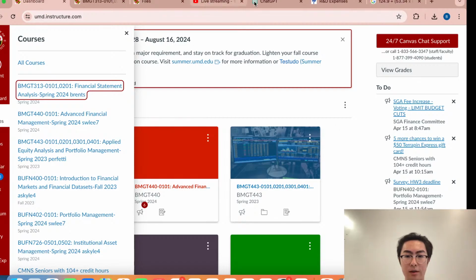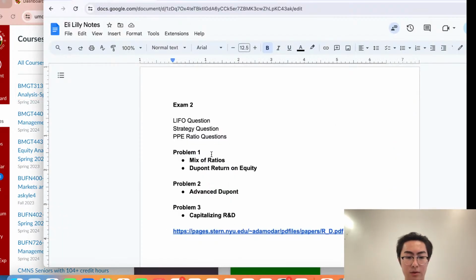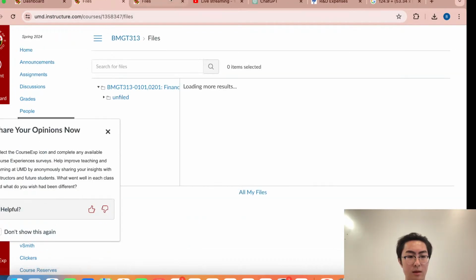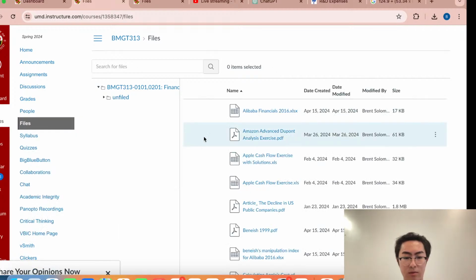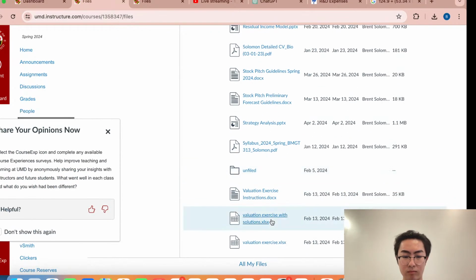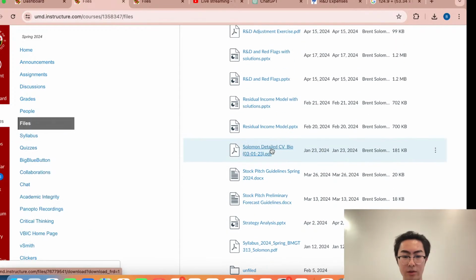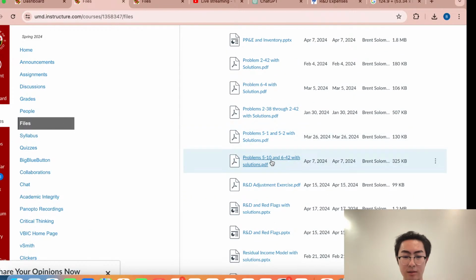Alright, what is the other thing that we have to do? Besides capitalizing R&D, I think maybe LIFO is probably going to be a big one. And also the PP&E ratios. So maybe it'll be helpful to understand which problems.